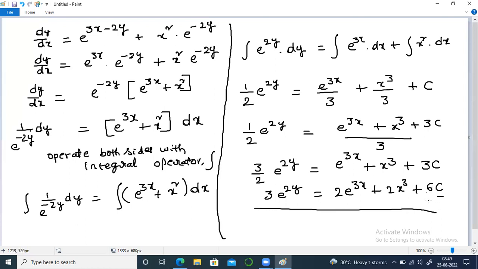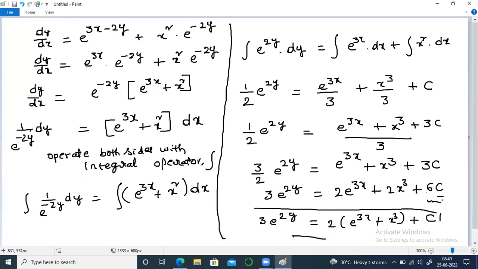So together you can represent it. 6c you can replace with c1 or c2 at the end of the solution. 3 into e to the power 2y is equal to 2, you can take common, e power 3x plus x cube plus c1. C1 is an arbitrary constant, or c2, c3, or any value you can put, because 6 you need not mention actually here. That will become another arbitrary constant. So this is the final solution.